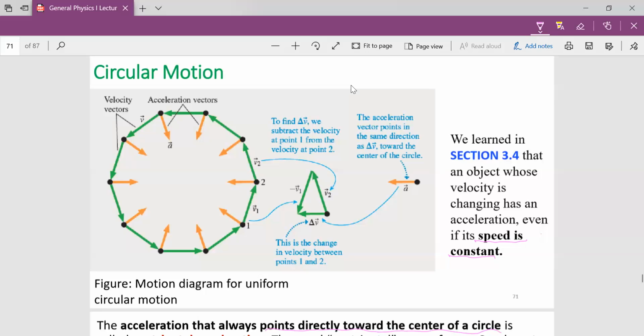And we are encouraged to look at this section that describes the object whose velocity is changing and has acceleration, but actually it is moving at a constant speed, okay? So the same way we look for acceleration, how did we establish that? We have seen before the motion on a curved path where the acceleration is always pointing towards the center.